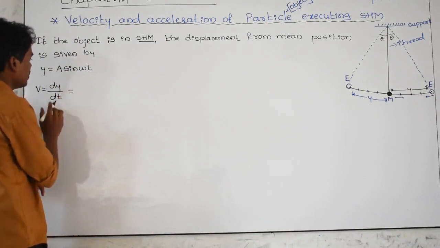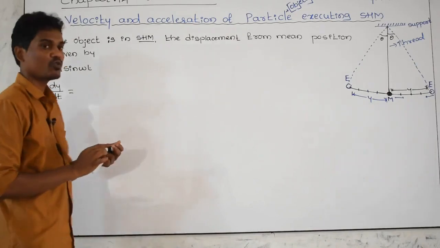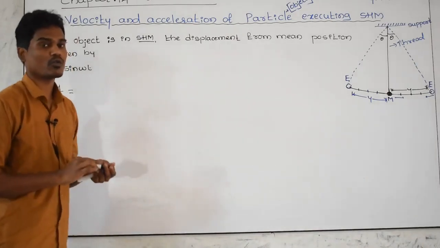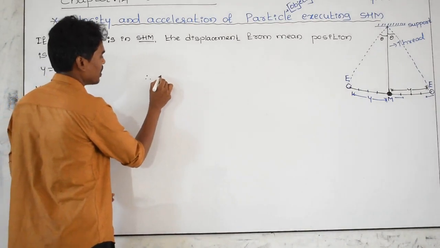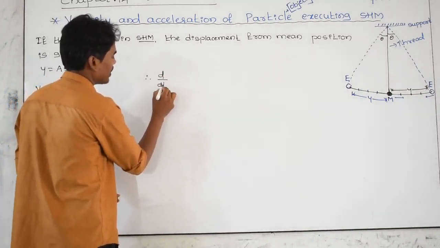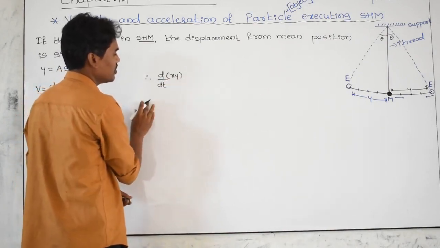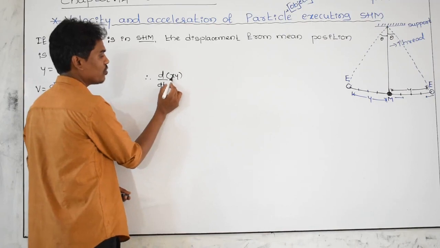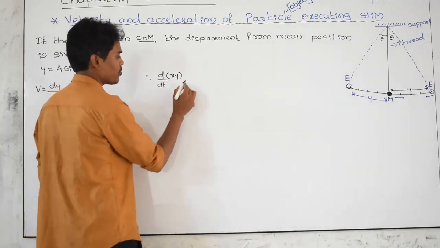To find the velocity, here we have to differentiate this function, and already you know very well the product rule. For example, the general formula is d by dt of xy. We have to differentiate this. This is the product rule: x into y, multiplication is there, that's why we call it a product. What is the general formula?